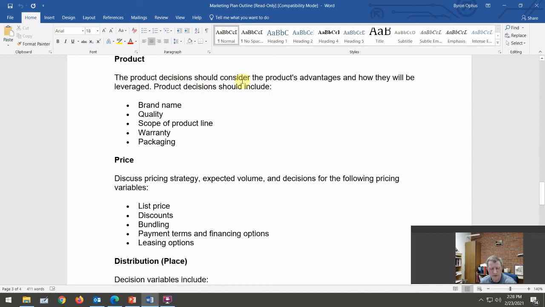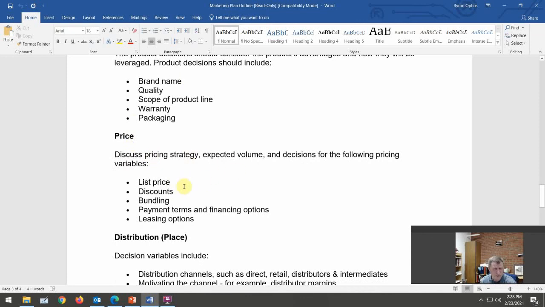Think about bundling when you talk about that. Could we bundle a service? If you're doing a doggy care place, you can come in for a wash, and that's $20. You can come in for a haircut, that's $20, but we'll do both of them for $30, right? You could have a bundle, something like that. Price includes that a little bit too.